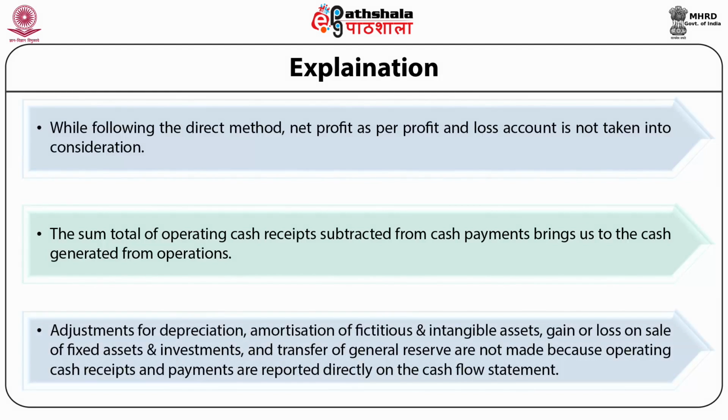Adjustments for depreciation, amortization of fictitious and intangible assets, gain or loss on sale of fixed assets and investments, and transfer of general reserve are not made because operating cash receipts and payments are reported directly on the cash flow statement.